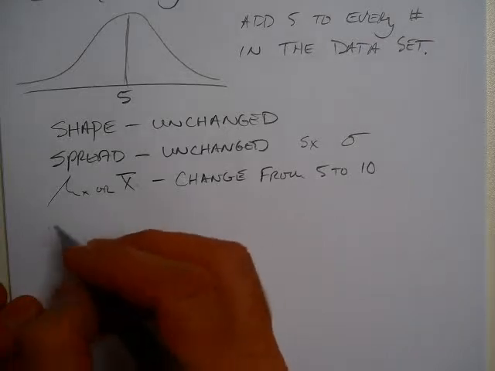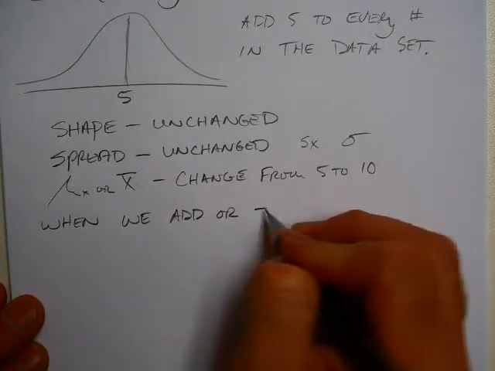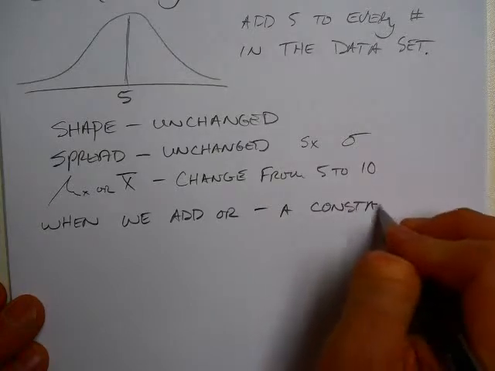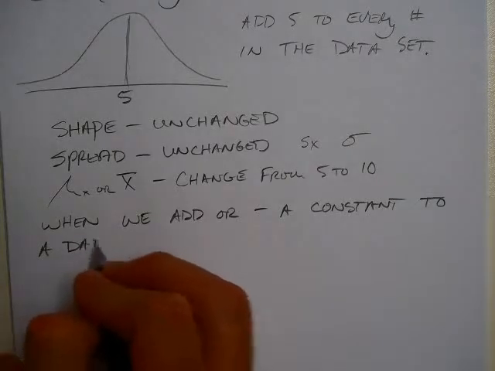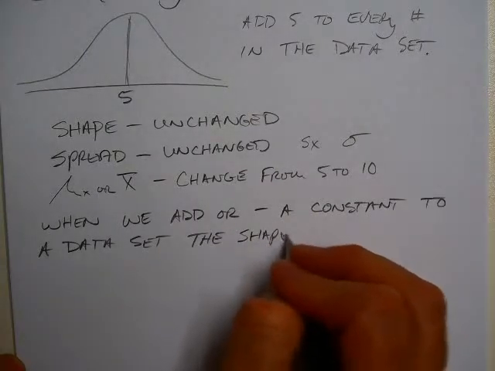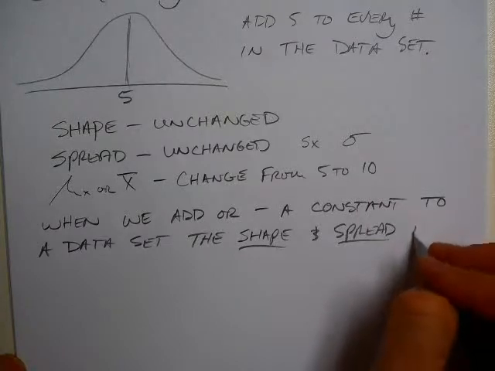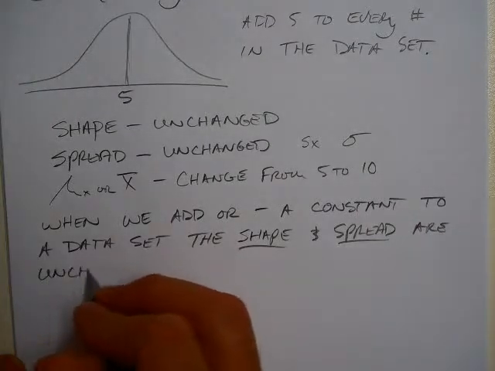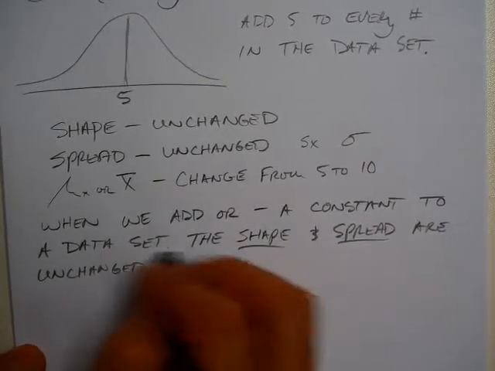So when we add or subtract a constant to a data set, the shape and spread are unchanged while the mean, median, Q1, Q3, minimum, maximum are all changed.